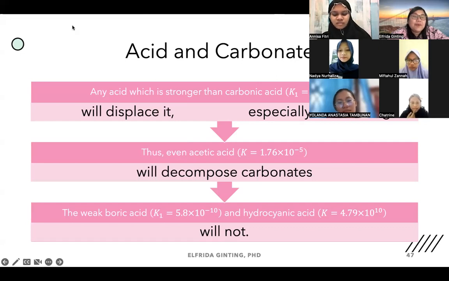Okay. So that's why I forgot, Yolanda, when will we have our midterm test? What date is it? Is it Wednesday? Wednesday, what time? Is it 10?